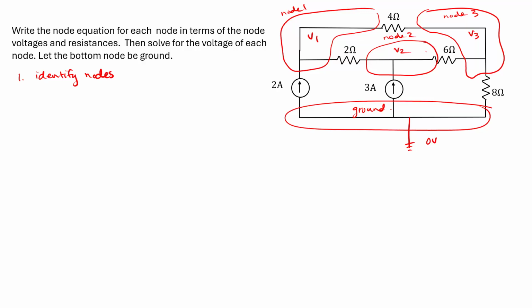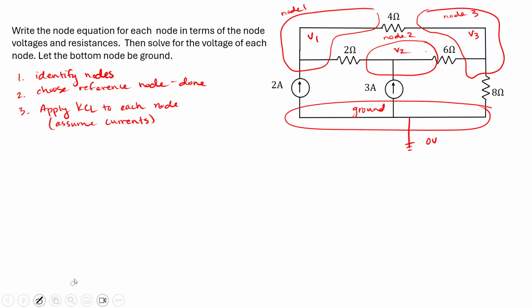Now we need to assume some currents flowing in and out of each node. Here it's really helpful to draw arrows because it will help you be consistent. You need to make sure you keep the current directions consistent for the entire circuit. So I'm going to assume that I have current I1 flowing upward.